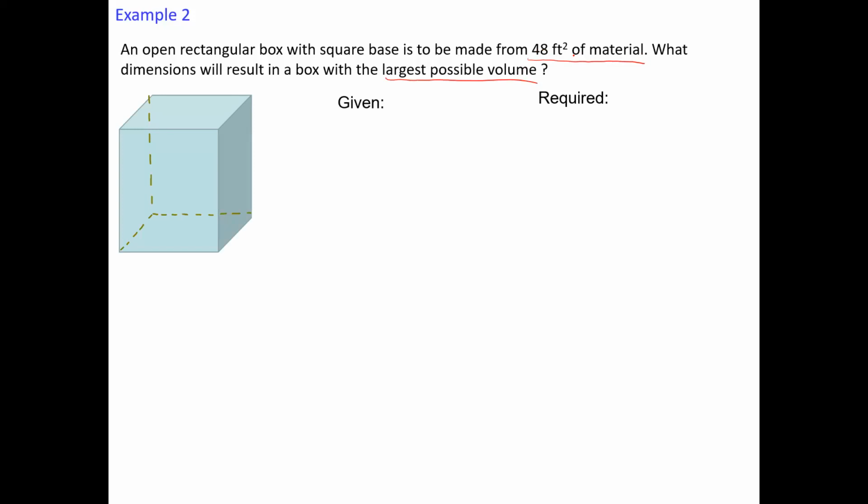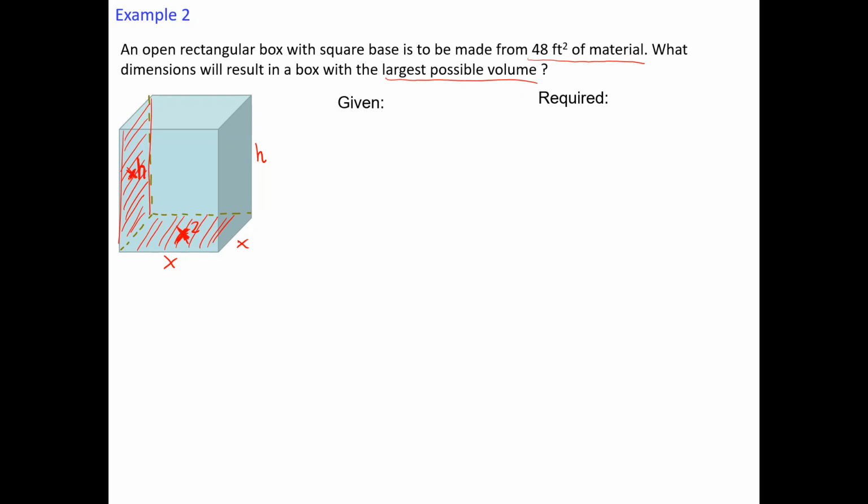That's the box. I can label x, x, and h. It's open, we do not have a top, so we don't need material on the top. But we definitely need material for the base, which is x squared. And we have 4 sides that are the same. Doesn't look like they are the same, but all of the walls, the back and the front, have area x times h, length times width, and we have 4 of those.